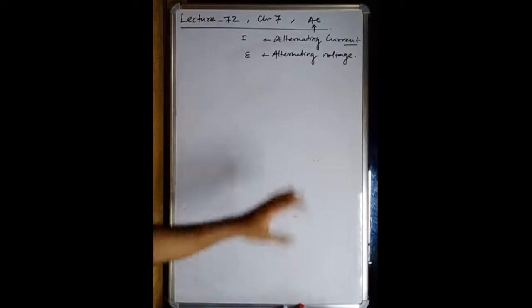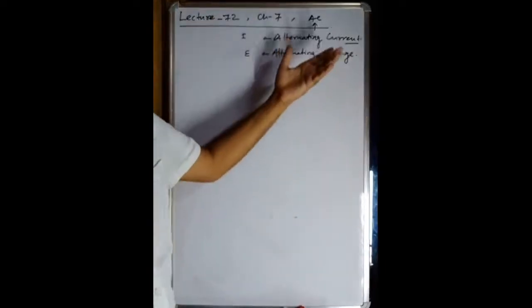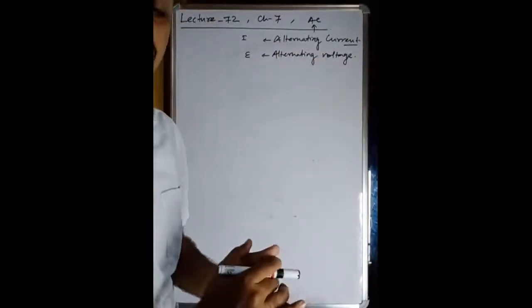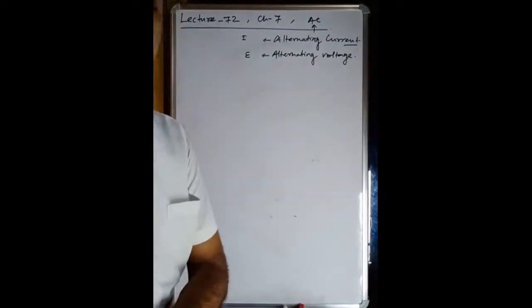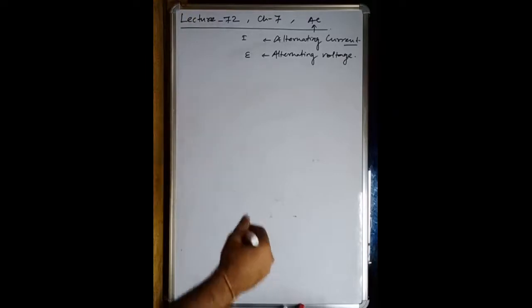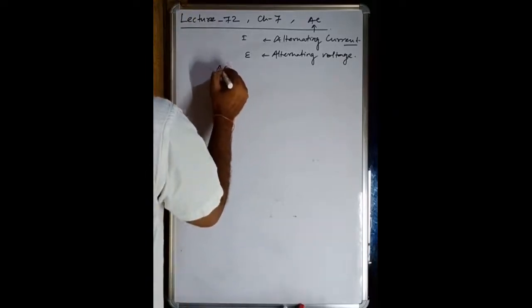But when we talk about alternating current, it means a quantity which changes alternately. That's why it is known as alternating. This is written as AC current.